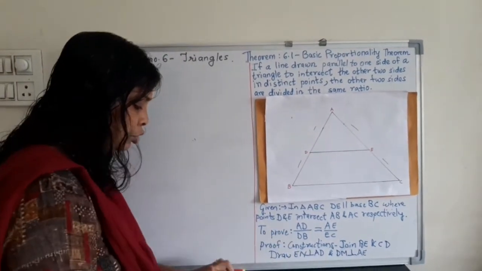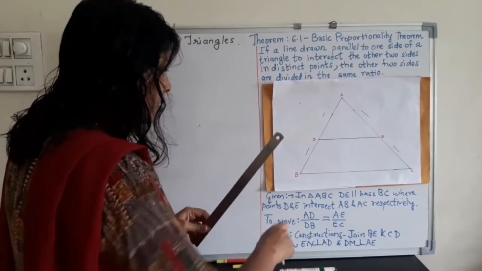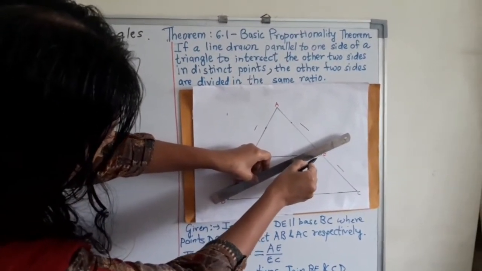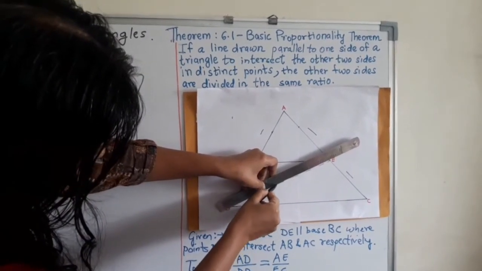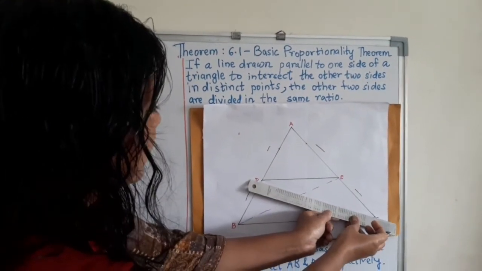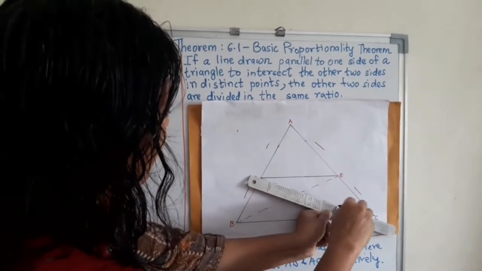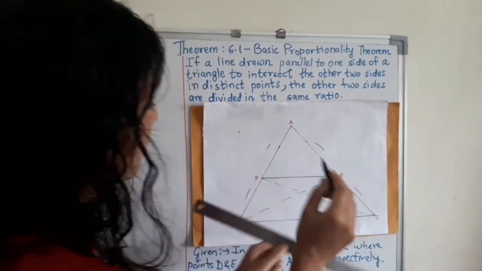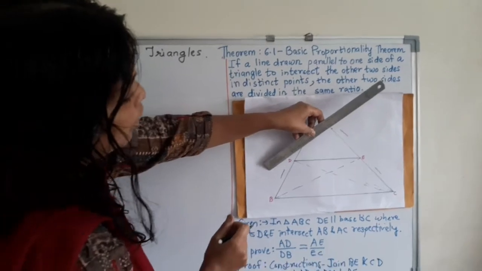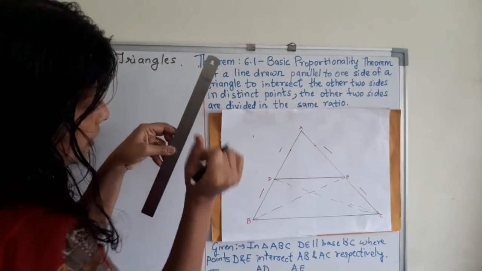Now, for that we have to do a construction, and in that we have to join BE and CD, and we have to draw a perpendicular from point D on AC, or we can say AE.